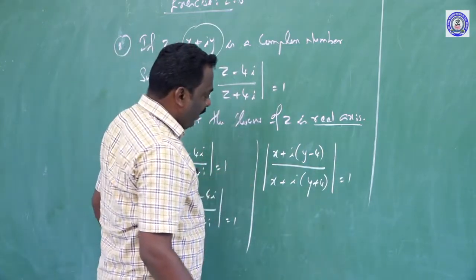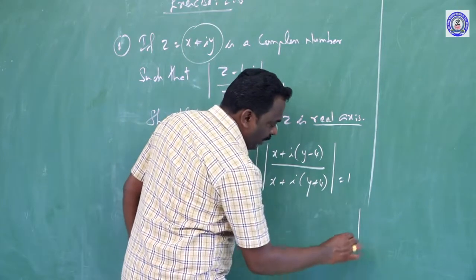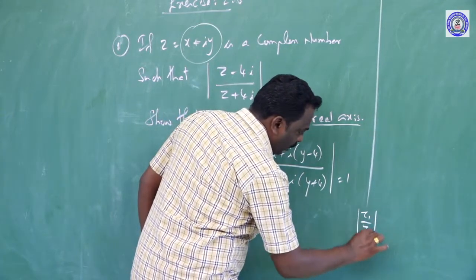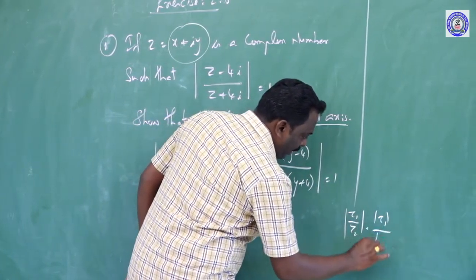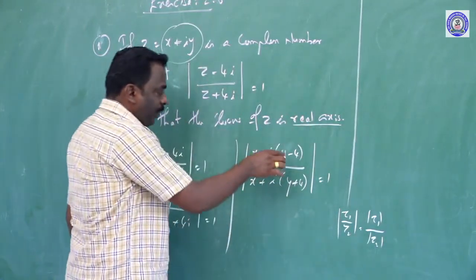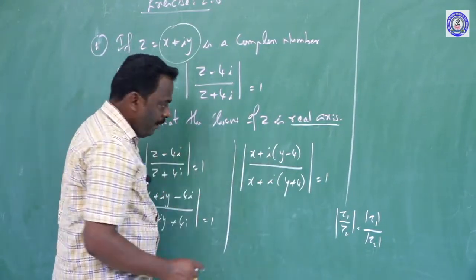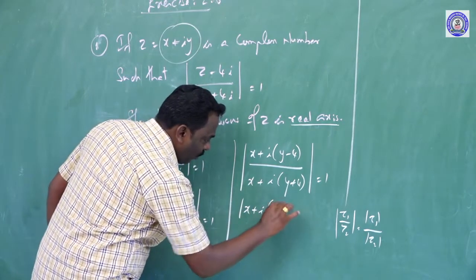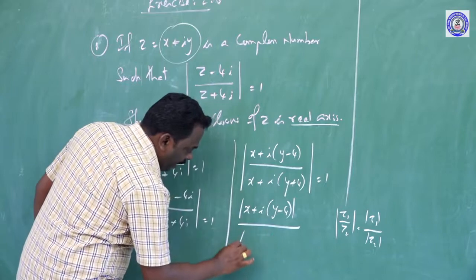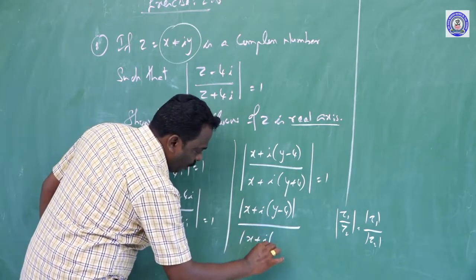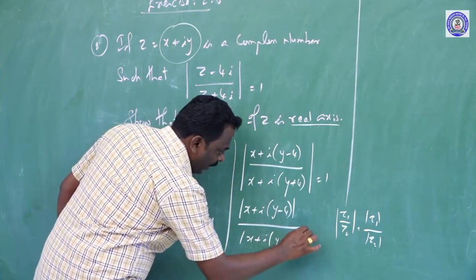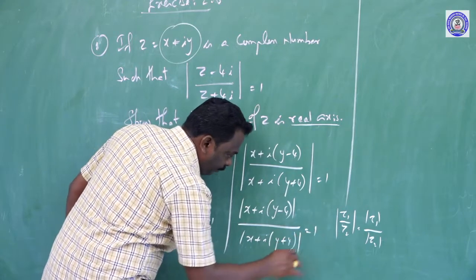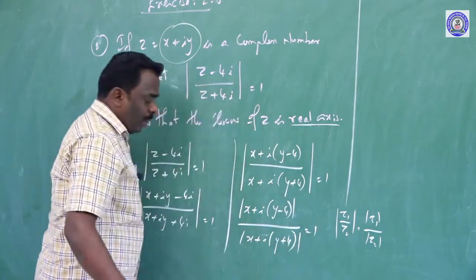Now applying the quotient property of complex numbers, modulus of z1 by z2 equals modulus of z1 by modulus of z2, separating the numerator and denominator. Therefore, modulus of x plus i into y minus 4 by modulus of x plus i into y plus 4 is equal to 1.